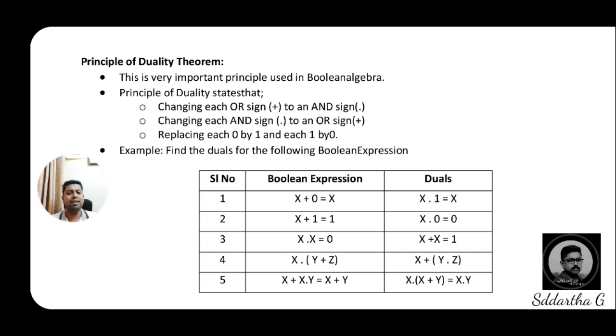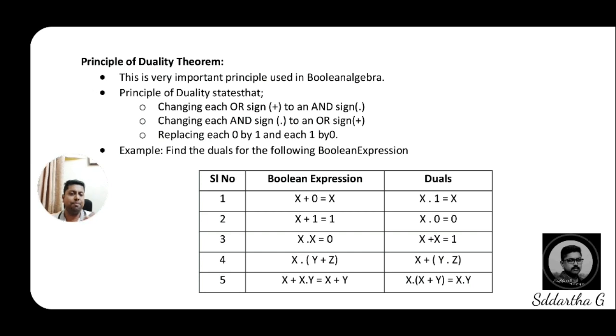And the final Boolean expression is like this: x plus x̄ into y is equal to x plus y. Now we can convert this Boolean expression into its duality form. Consider x plus x̄ into y is equal to x plus y.